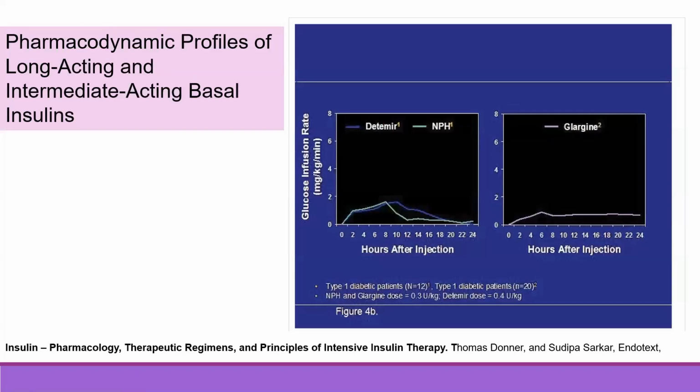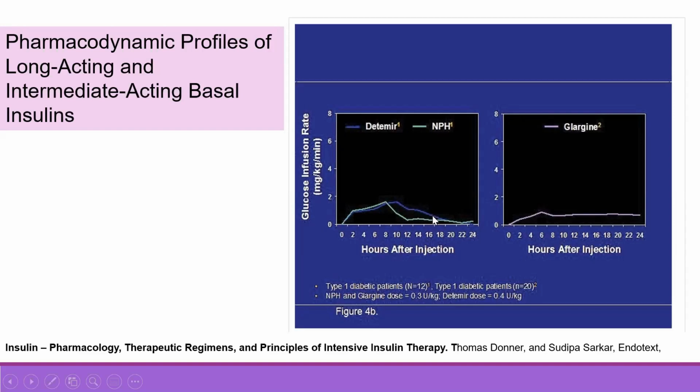Now coming to the pharmacodynamic profile of long-acting insulin, compared to intermediate-acting insulin or NPH, you can see NPH insulin has a much shorter duration of action, roughly, as I've told you, around 12 to 14 hours at best. So to get control over 24 hours, you have to inject this insulin twice a day. On the other hand, if you look at detemir, its duration of action is much better compared to NPH.